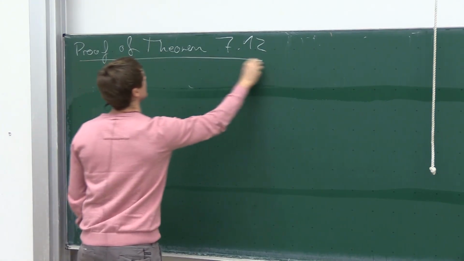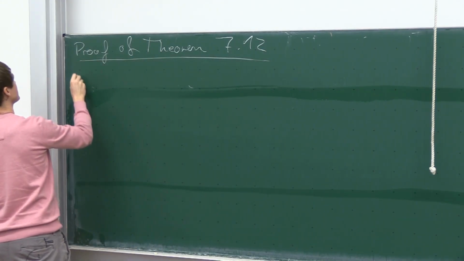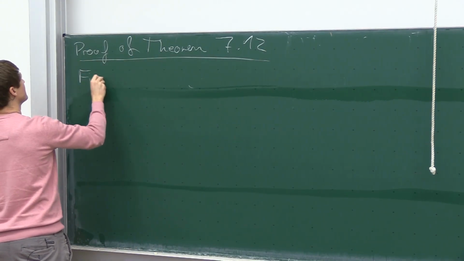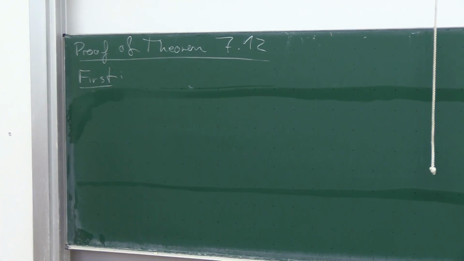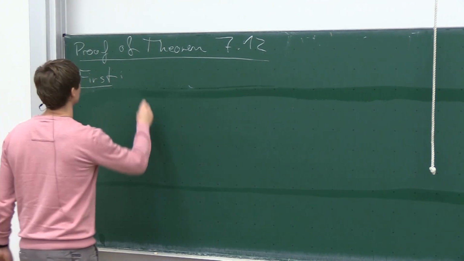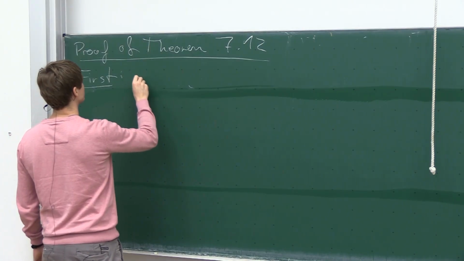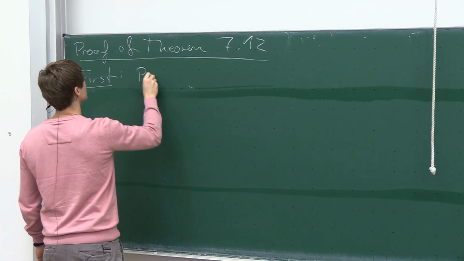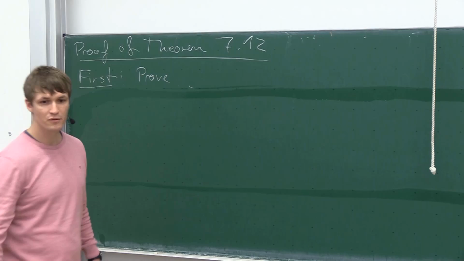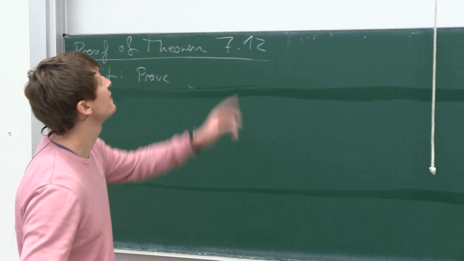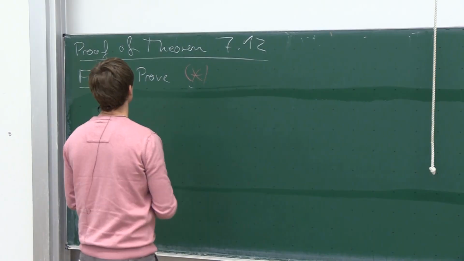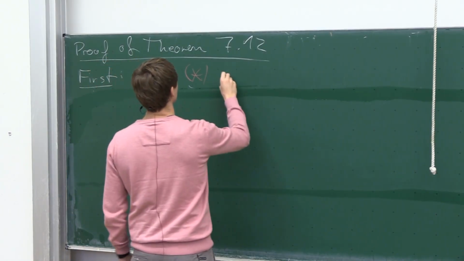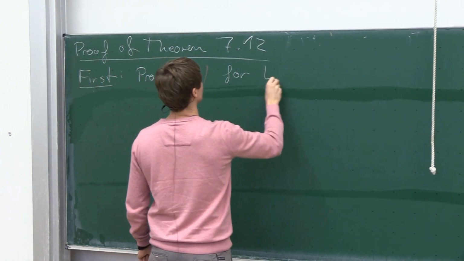And as I said already at the beginning, we are going to prove von Neumann's inequality first for the operator L epsilon. So we prove this inequality, the red star in the theorem, for L epsilon.